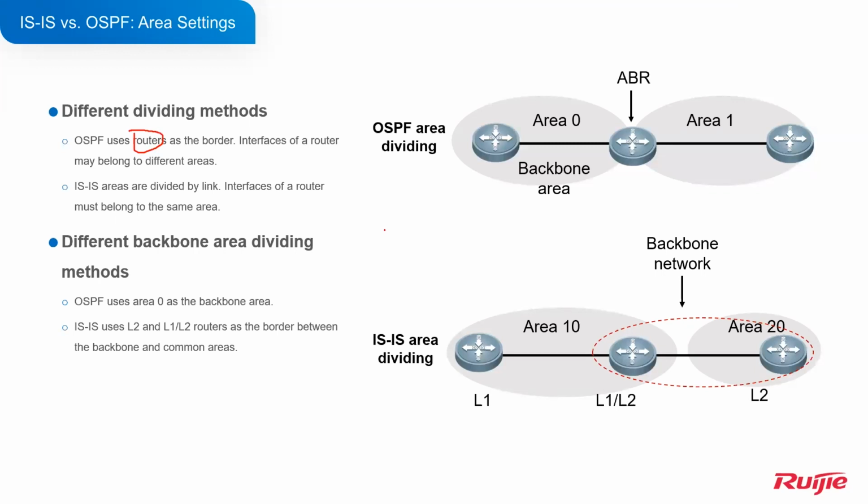So this is different. But for ISIS, it depends on the router type. Level 2 and level 1-2 routers can build our backbone network. So you can use the backbone function, but located in different areas. It is very convenient to make your network bigger.